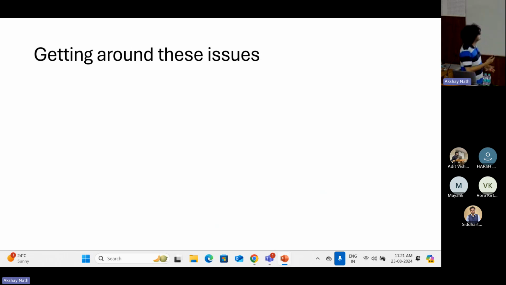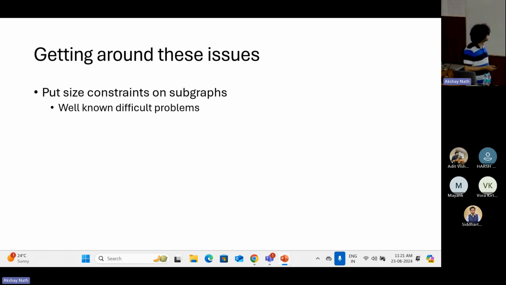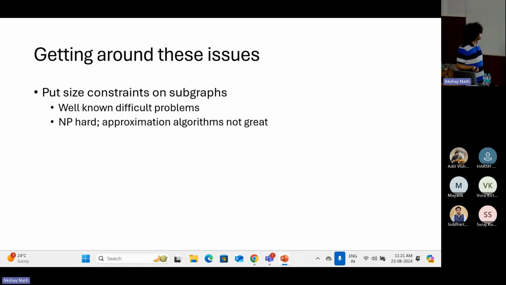So getting around these issues for the optimization things, a common thing to do is put constraints on the size of these subgraphs. And it turns out these are well-known difficult problems. I'm not an approximation algorithms person, so I am not completely up to date on the latest. But these approximation algorithms typically are not that great, to the best of my knowledge.